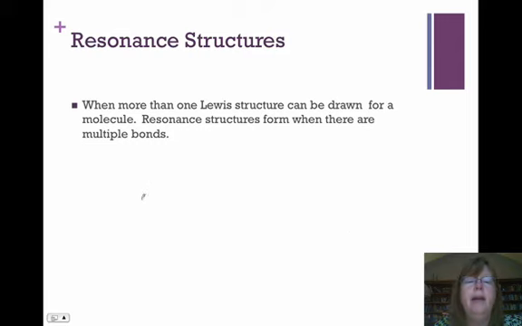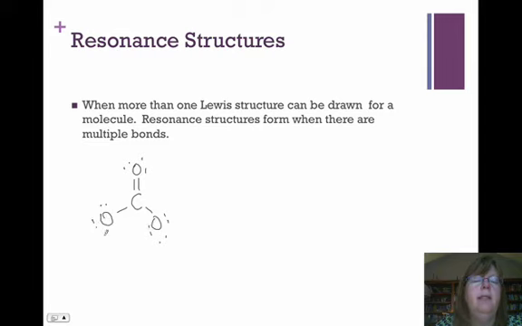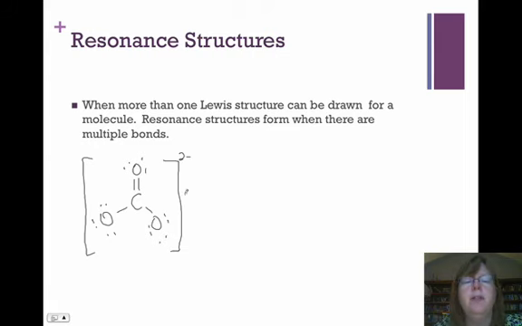All right, now let's go ahead and show you how we're supposed to do that. All right, so for this carbonate ion, this is one resonance structure. Now, to show the other resonance structures, you draw an arrow, and it has a double arrowhead.